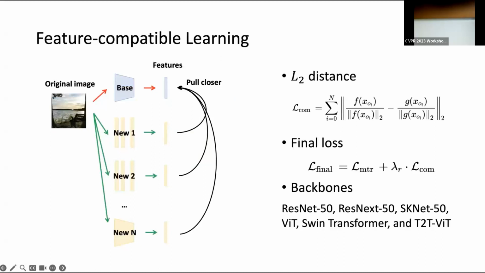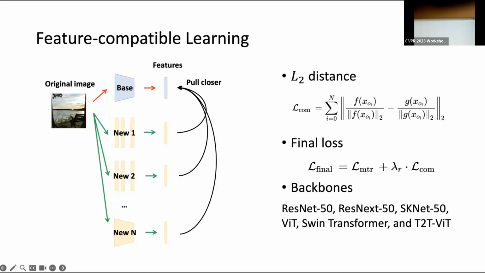Then we go to the feature compatible learning stage. The base network is trained and fixed, and it is only used to extract the features of the original image. And then we train N new networks, and each network is used to extract the feature of the original image.